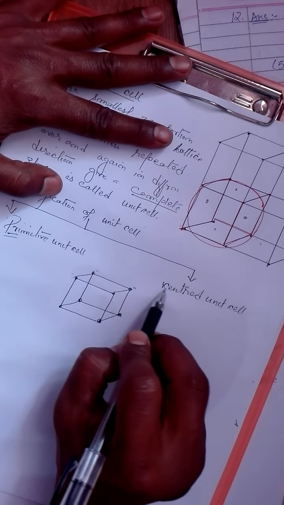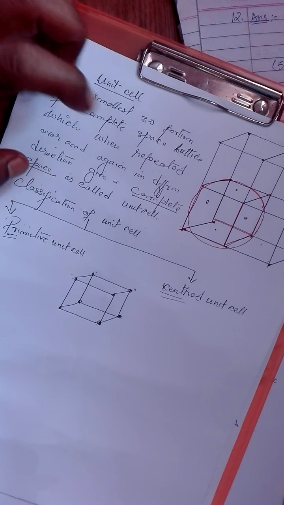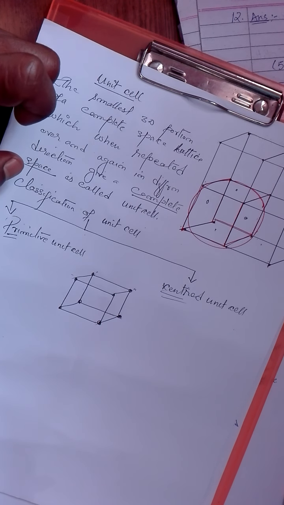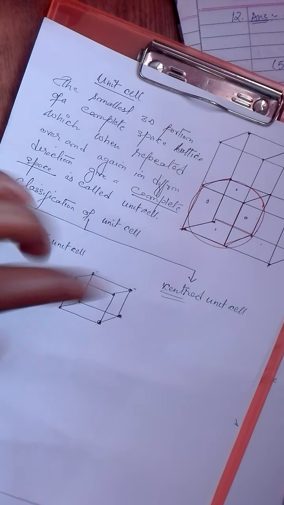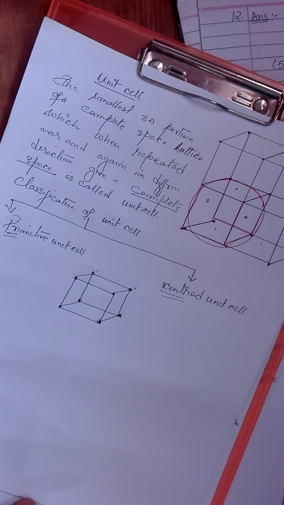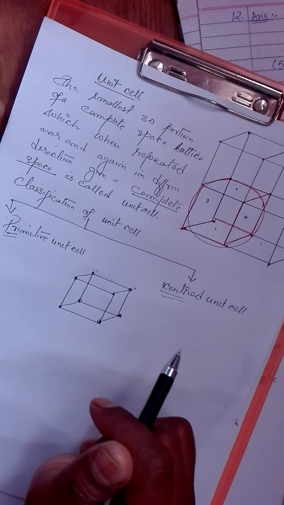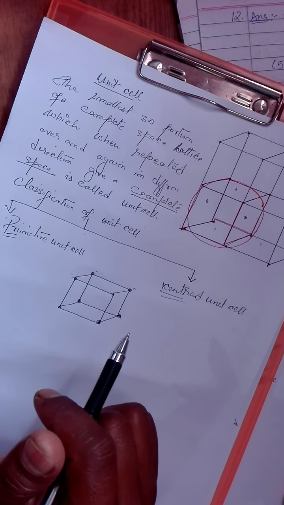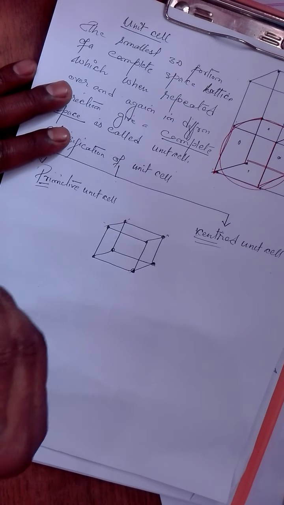Such a type of unit cell is known as a centered unit cell. Keeping that in mind: if the constituent particles are present only at the corner of the unit cell, it is known as a primitive unit cell. But if they are present in any other part of the face, such a unit cell is known as a centered unit cell. Alright, so I'll start first with my explanation.